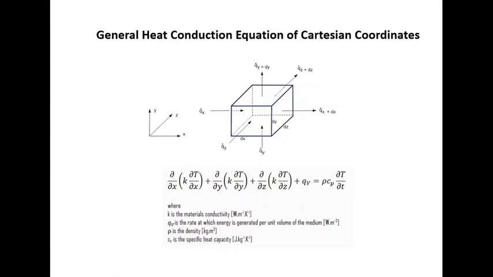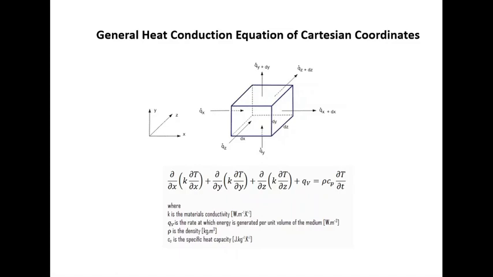That is, ∂/∂x of k ∂T/∂x plus ∂/∂y of k ∂T/∂y plus ∂/∂z of k ∂T/∂z plus q is equal to rho cp ∂T/∂t, where small t represents the time and capital T represents the temperature.